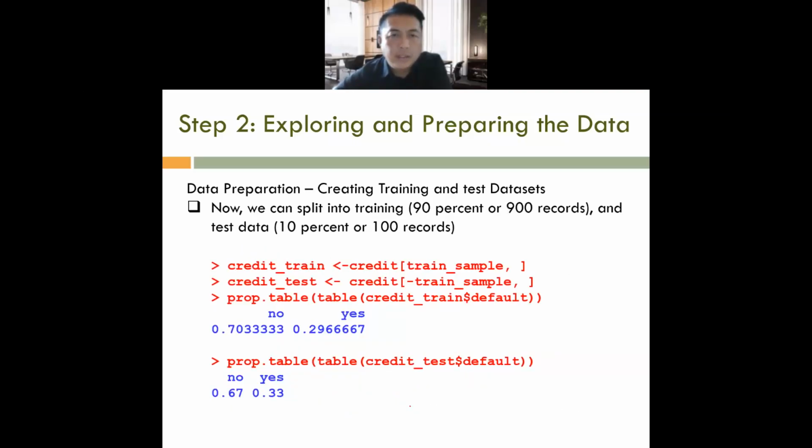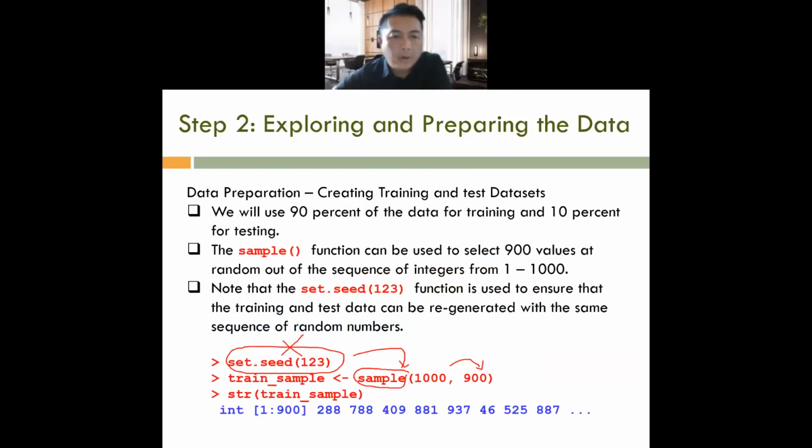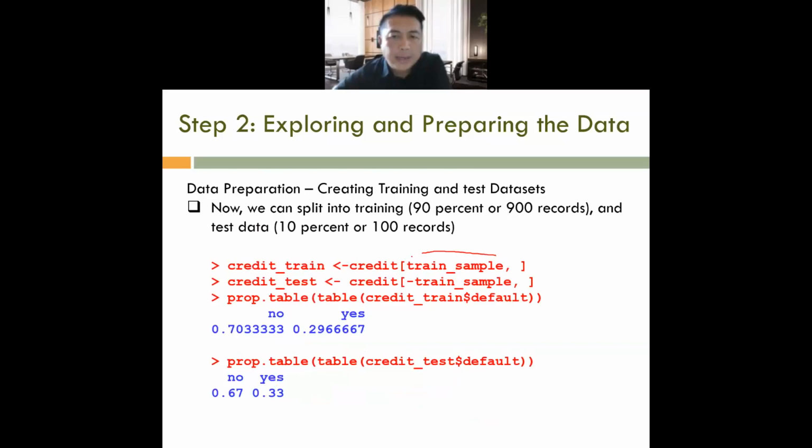So over here, based on the train sample, because we are looking at 900 samples, we will select 900 from the credit data, and the remaining, we have the minus here, meaning that the remaining samples will be treated as the test dataset.